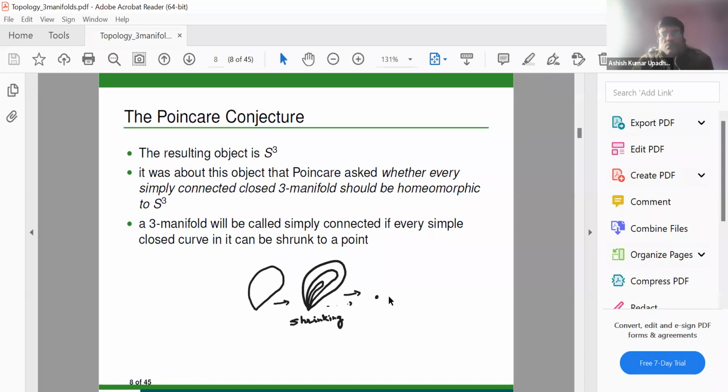So if you can do this with every simple closed curve lying in the manifold, it will be called simply connected. Okay. So this was the question which Poincaré asked, and it was called Poincaré conjecture.